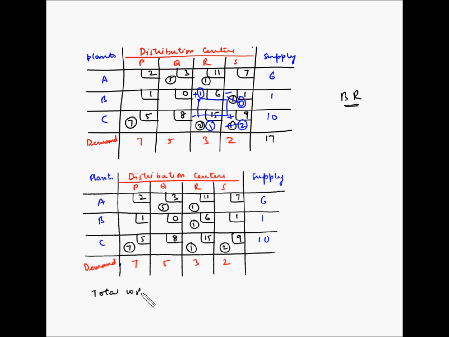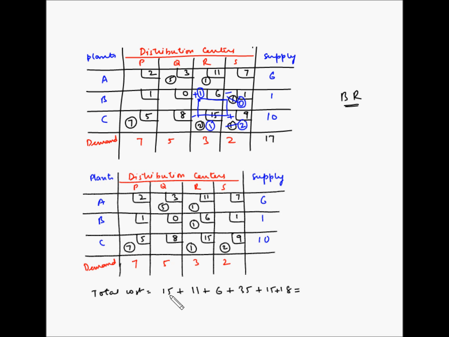Let's quickly find out the total cost for this solution. So total cost is equal to 5 3s are 15 plus 11 1s are 11 plus 6 1s are 6 plus 7 5s are 35 plus 15 1s are 15 plus 9 2s are 18.